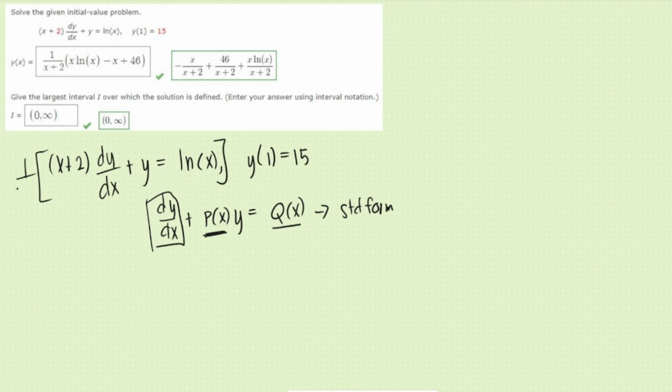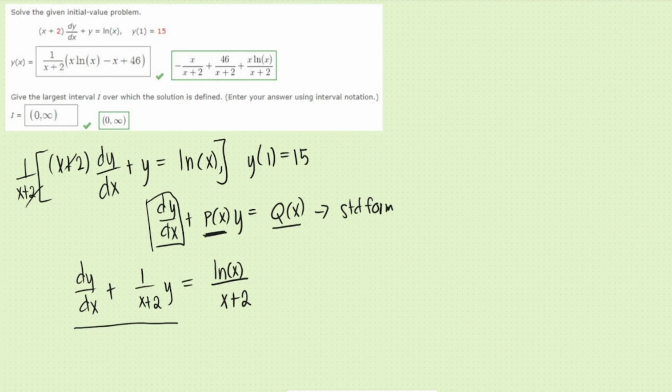divide both sides of the equation by x plus 2, which cancels this one, so we would be left with dy over dx plus y times 1 over x plus 2. We have 1 over x plus 2 times y is equal to ln of x times 1 over x plus 2, which is ln of x all over x plus 2.